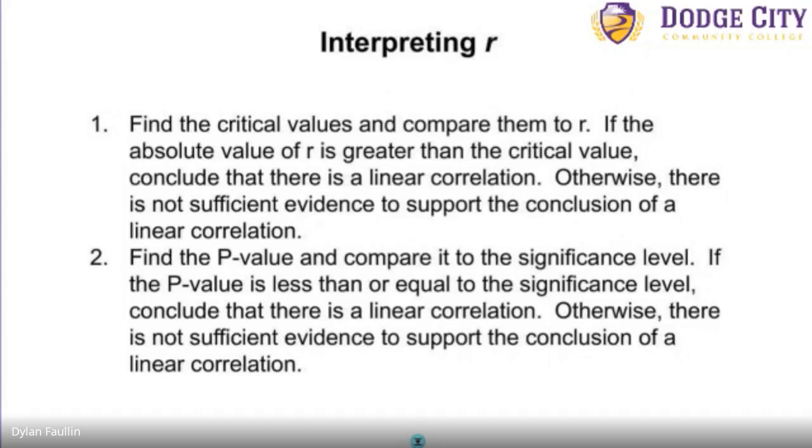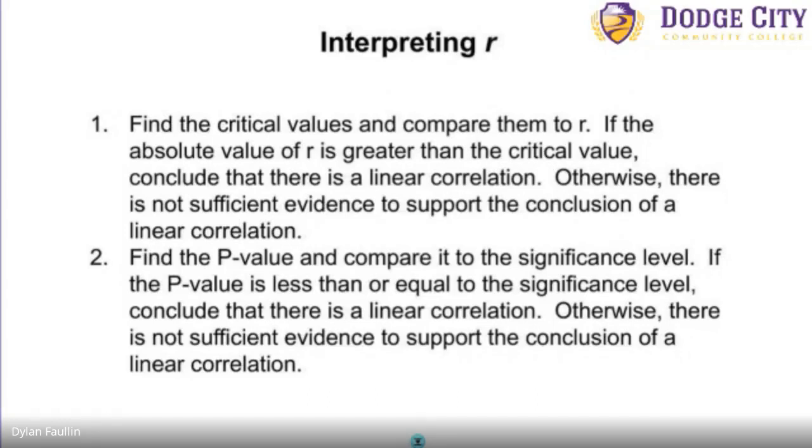And this p-value is way bigger than any typical alpha value. So if the p-value is less than or equal to the significance level alpha, conclude that there is a linear relationship. Otherwise, if the p-value is greater than alpha, you conclude there's not sufficient evidence to support the conclusion of a linear correlation. All right.